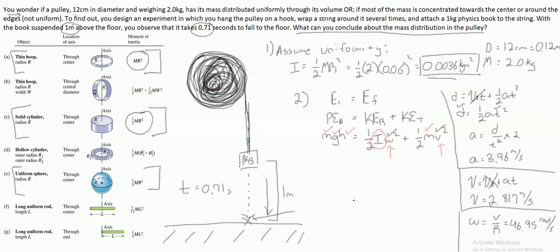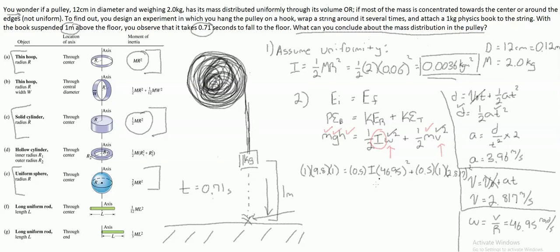We're ready to substitute and solve this equation. If I just replace everything wholesale, we're going to get mass 1 times g, 9.8, times h, 1, equals 0.5, which I'm just going to say for ease of putting into the calculator, times I, times omega, 46.95 squared, plus 0.5 times my mass, that's the book again, times my v, 2.817, squared.